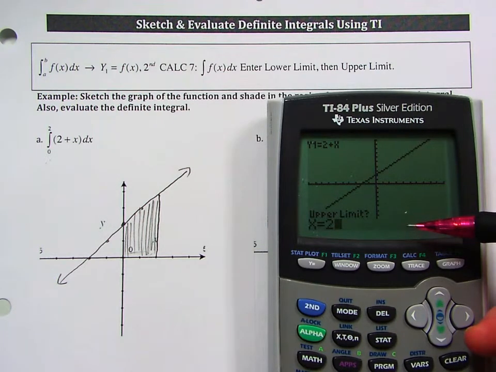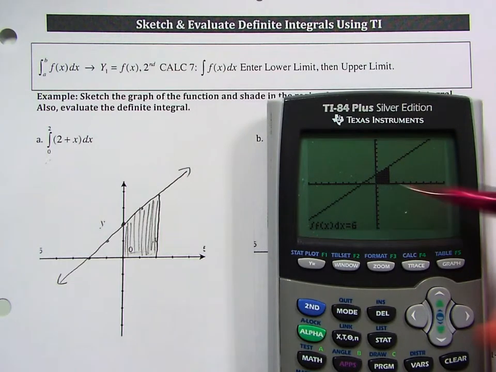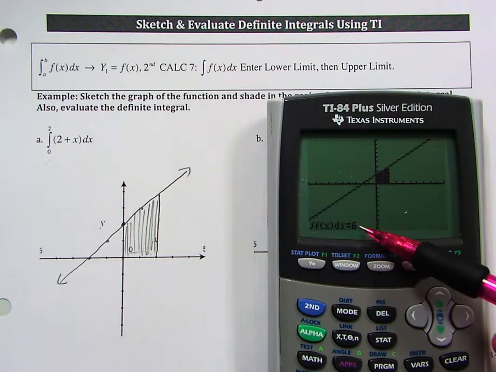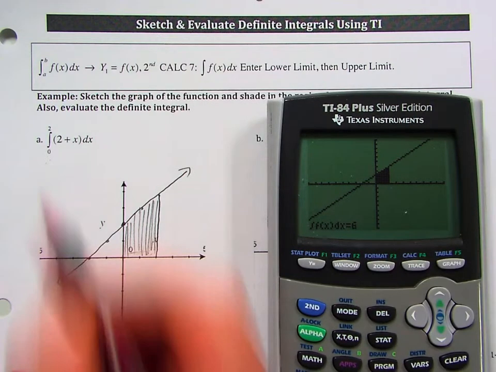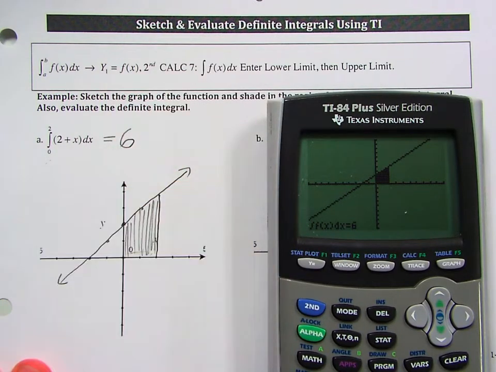We push 2 and hit enter, and it graphs the integral for you and also puts the answer: the integral of f of x dx equals 6. So we know this is 6 right here. Go ahead and give this a try on your own with example B.